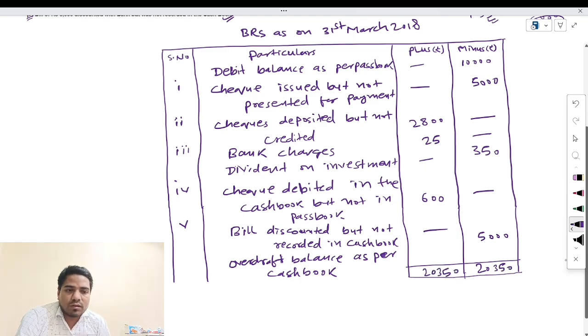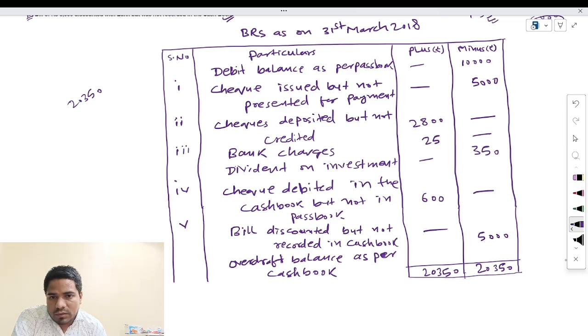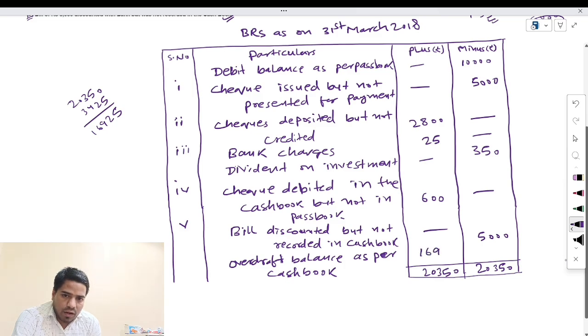This is the total balance. Now 20,350 minus 3,425, which comes to 16,925. 16,925 would be the balance as per cash book.